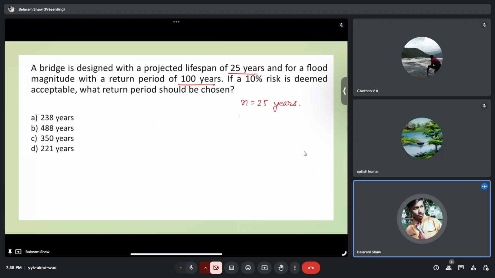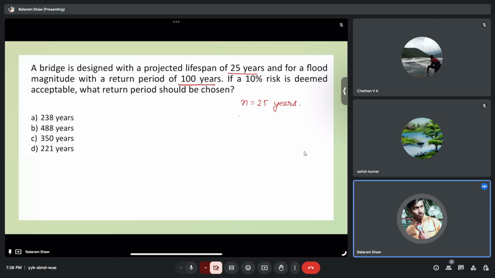R bar is given as 0.1, that is 10%. So we can write 0.1 equals 1 minus (1 by T) to the power n, where n is 25 years. So 1 minus (1 by T) to the power 25 equals 1 minus 0.1, that is 0.9.